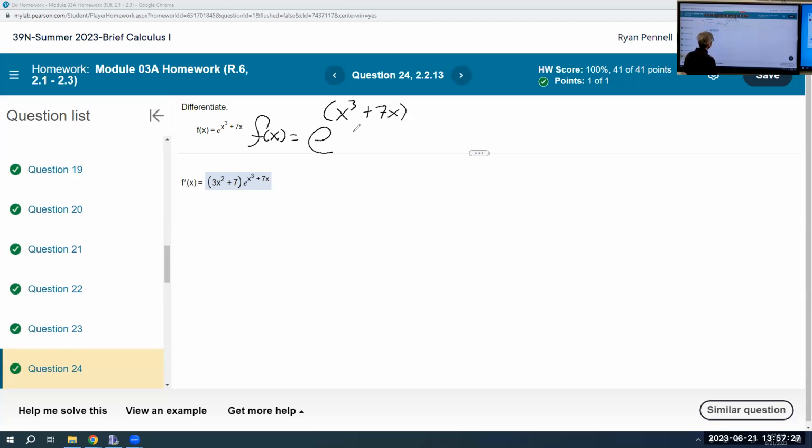Okay, well, I think it might be a good time to think about chain rule. So if I let u equal x cubed plus 7x, du dx equals 3x squared plus 7.